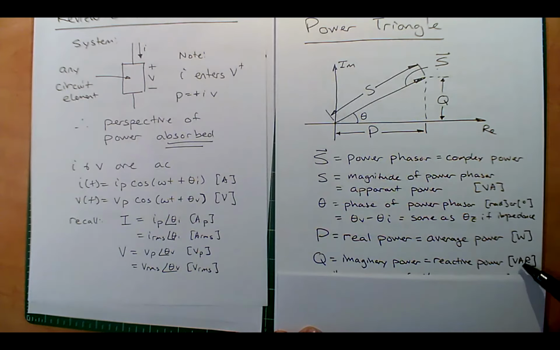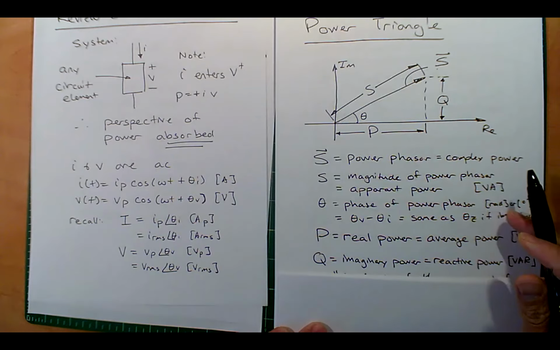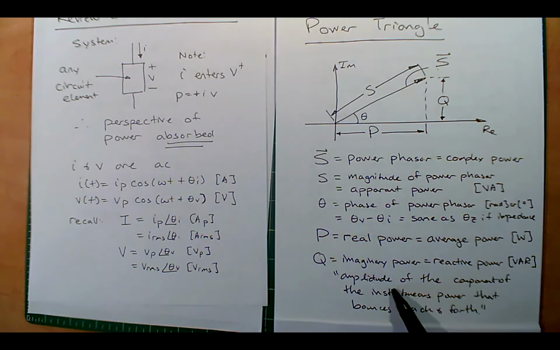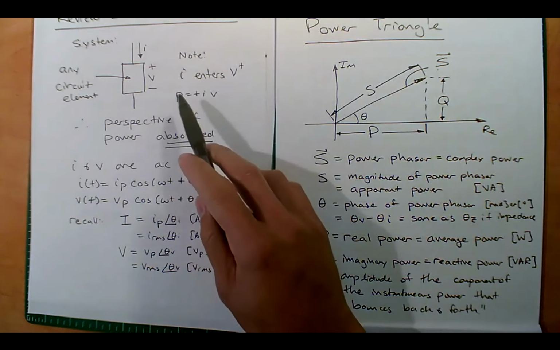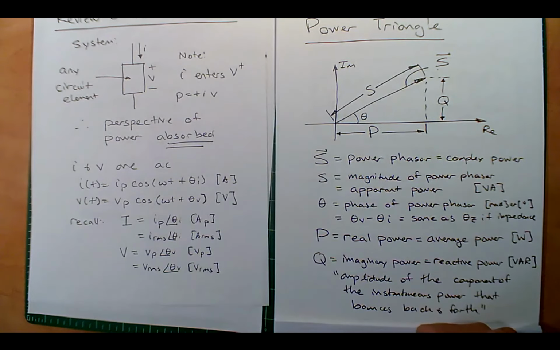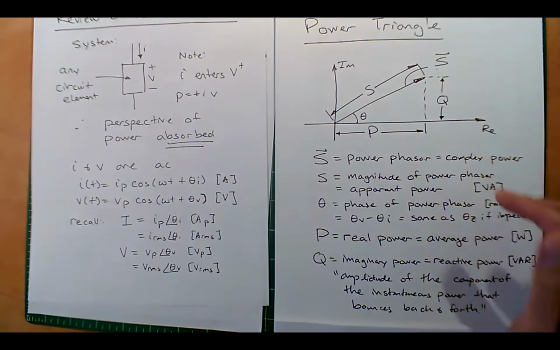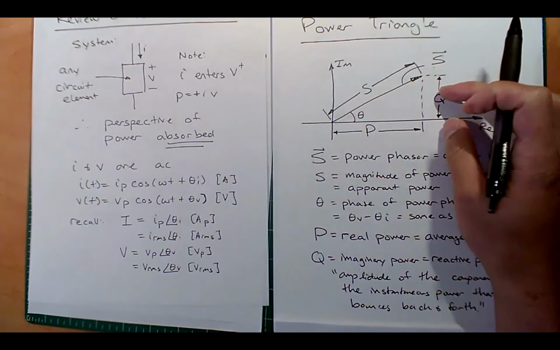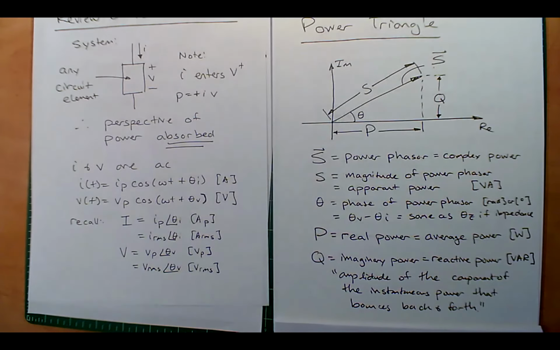We use watts and vars to distinguish these two. If you recall from ET250, Q is the amplitude of the component of the instantaneous power that bounces back and forth, okay? So let's say you have something where this S is totally on the y-axis. Well, all the instantaneous power is bouncing back and forth in that case, and Q would be the amplitude of that, okay?